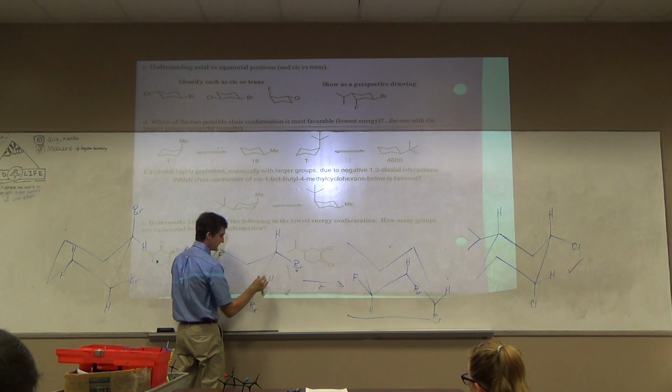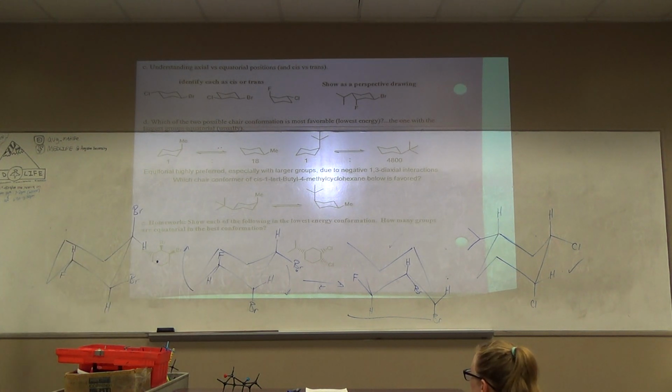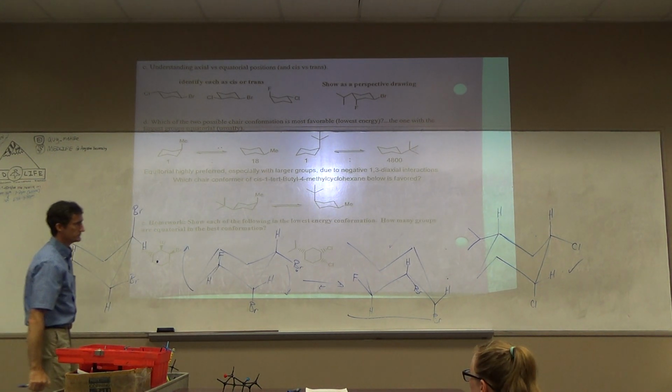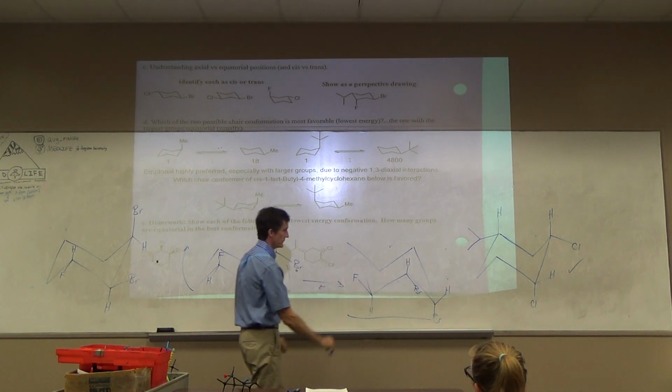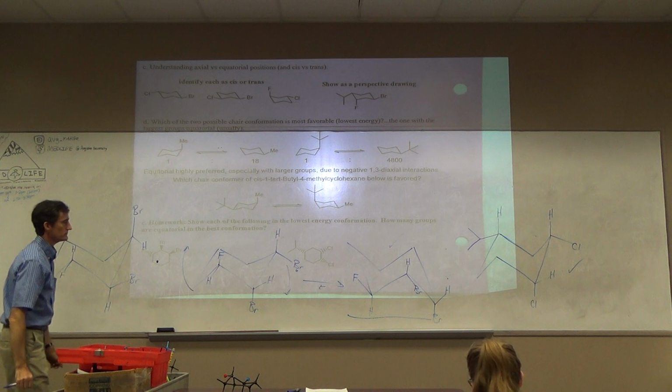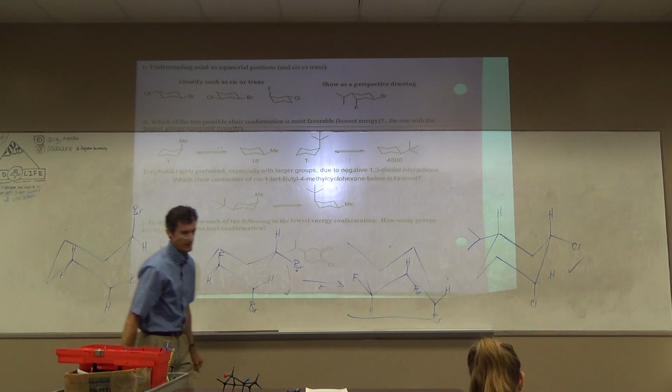Put the bromine here, the H here, bromine here, H here, F here, and H there. That's another way to do it. Or you can just do an old-fashioned ring flip and redraw it that way. Sometimes you may see me just do it like that.